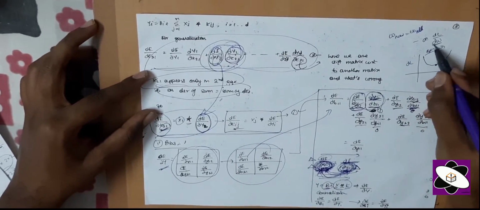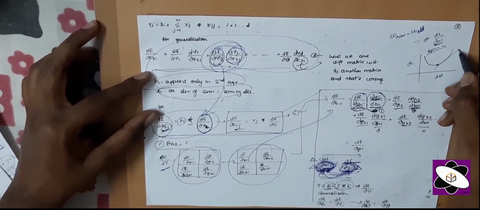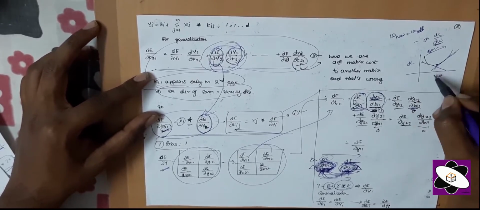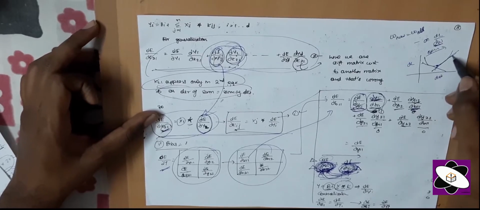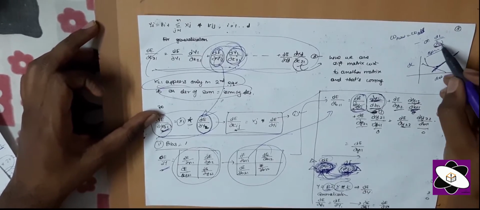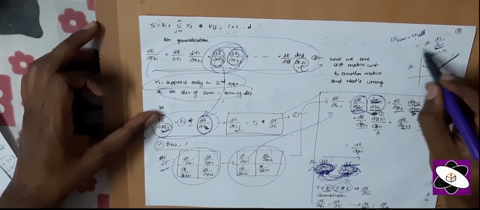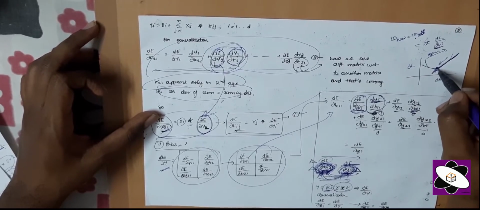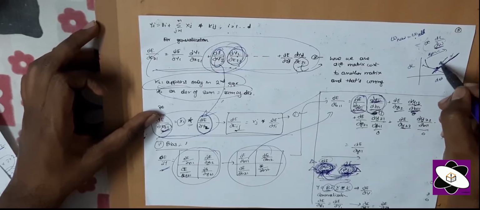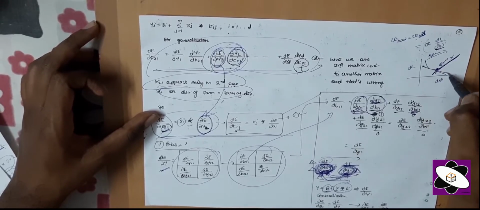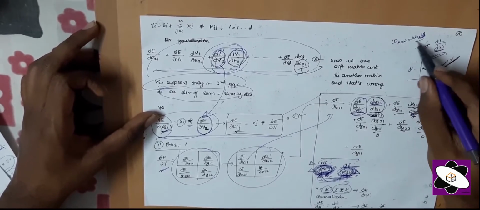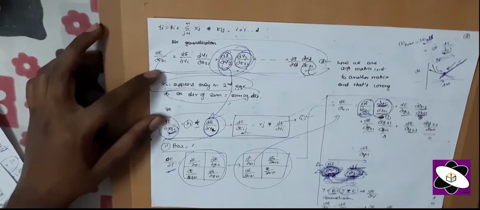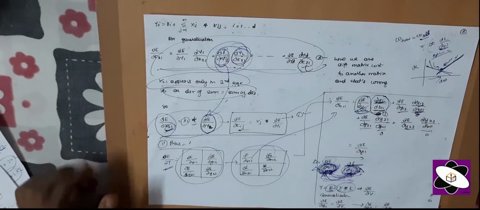If this term is positive, then w old minus something positive, so we are reducing it, so it will go down, and we need to go down. If the slope is negative, then it is negative of negative, which is plus, so we are adding something to old w, so it will go over here. So that's how gradient descent works.